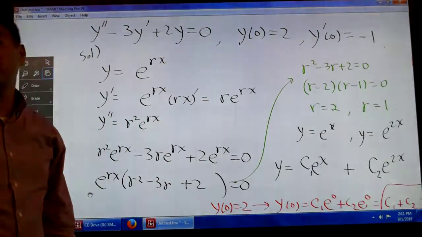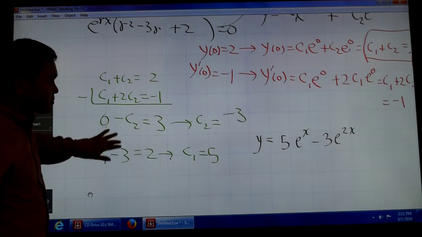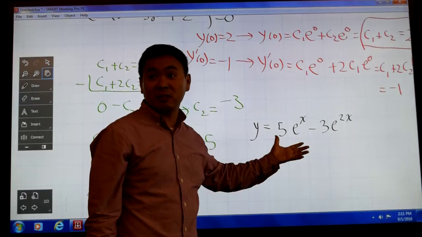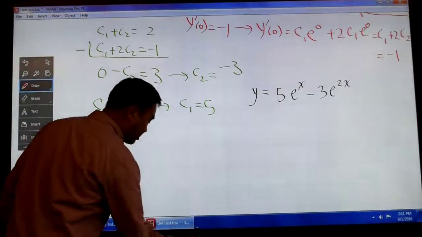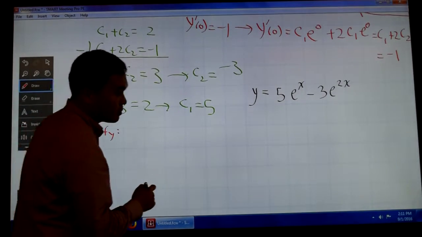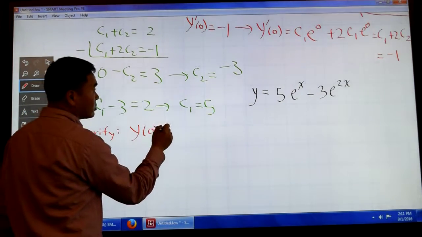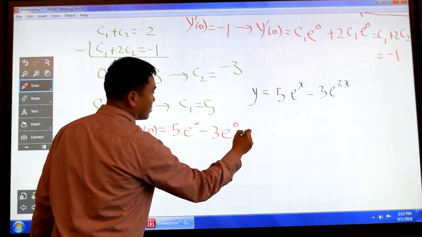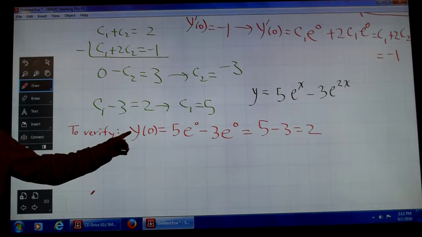Do you have any other questions? Yeah, what'd you do again at the bottom? All right. So we have this, and this too, you can check that this is a solution. So how would we verify this? To verify, you have y of 0, so it satisfies the first initial condition.